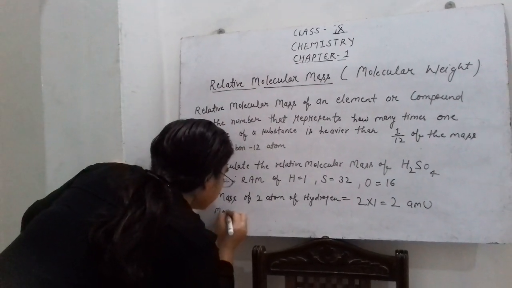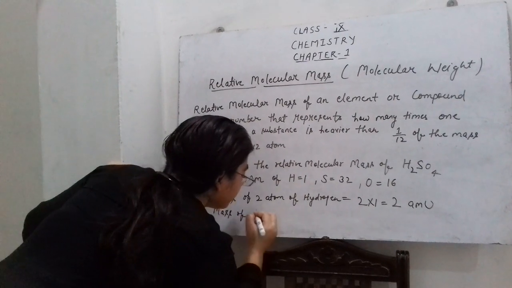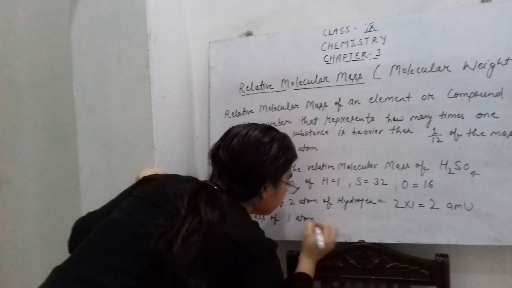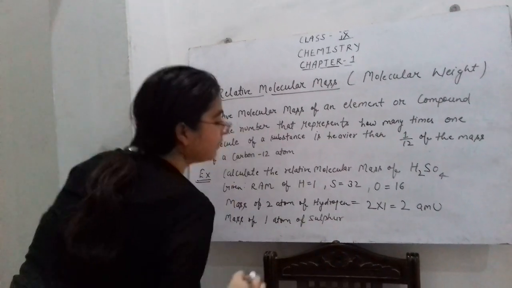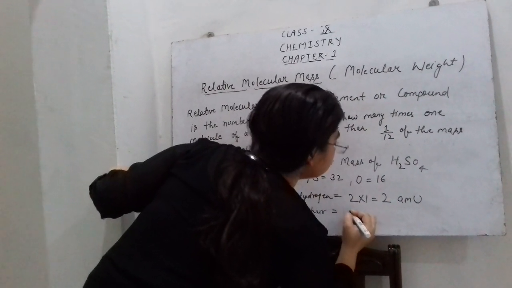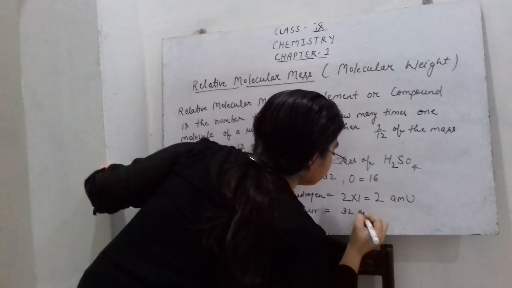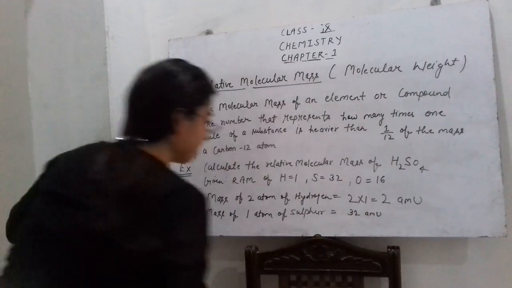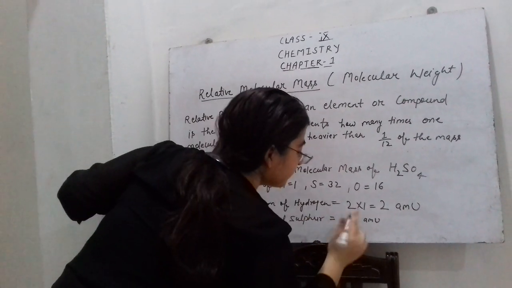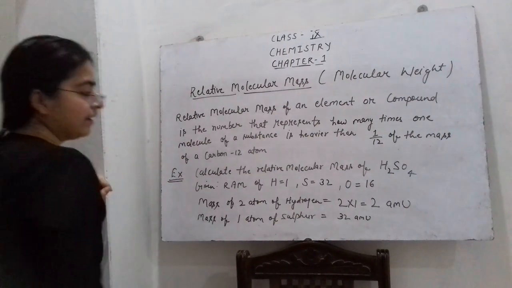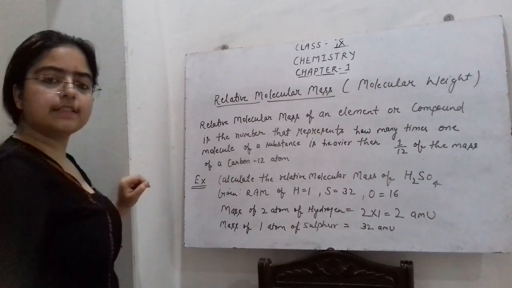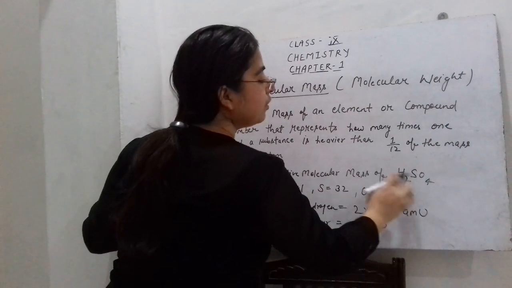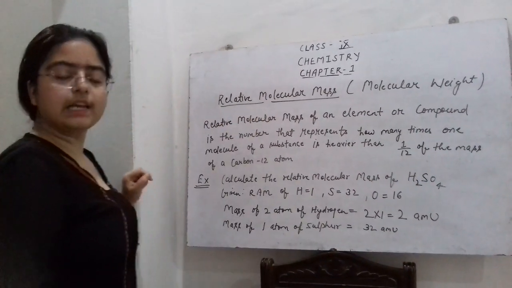So the mass of 1 atom of sulfur is equal to 32. The atomic mass of 1 atom of oxygen is 16, but in this molecule 4 atoms of oxygen are given.